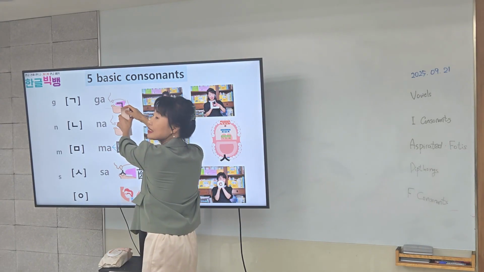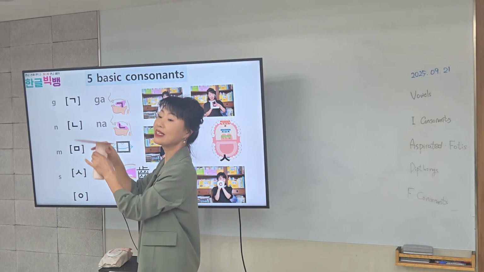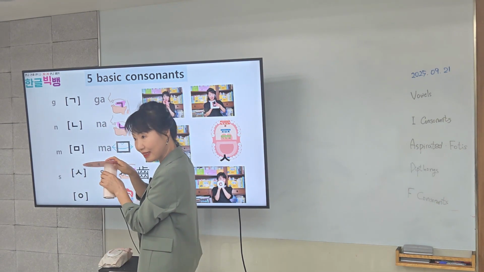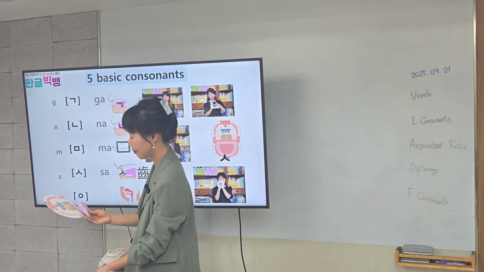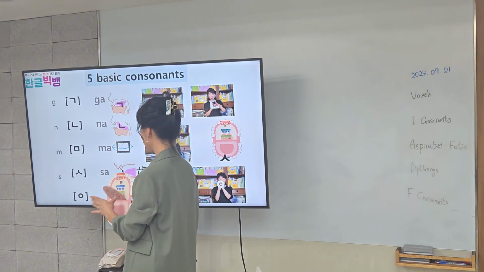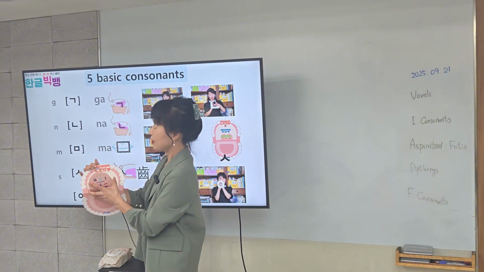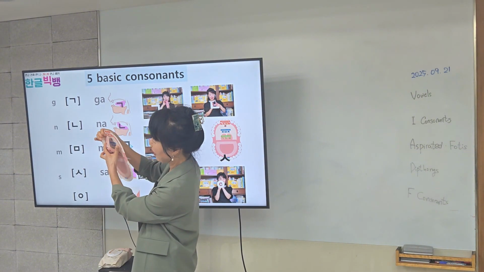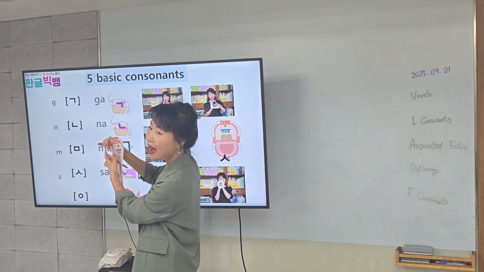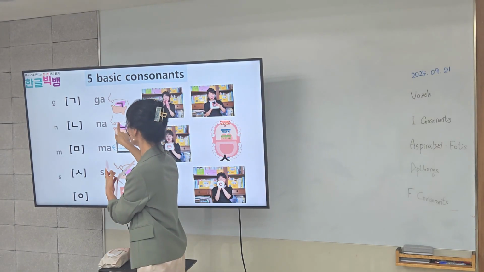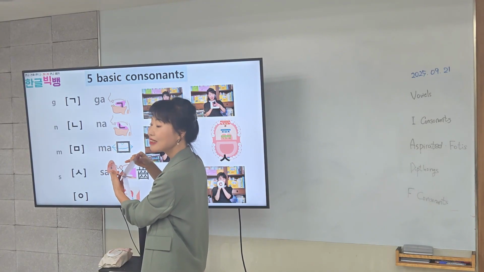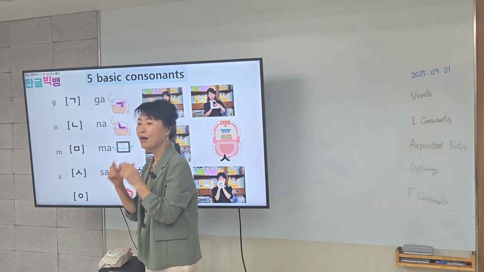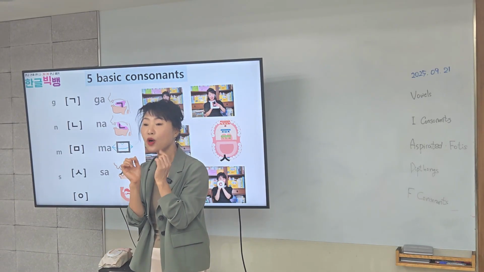So this is k, okay? And then na. So when you pronounce na, the tip of your tongue touches your upper gum like this. So this is n, okay? And ma, first close your mouth.